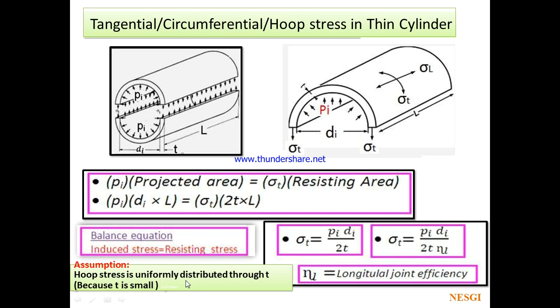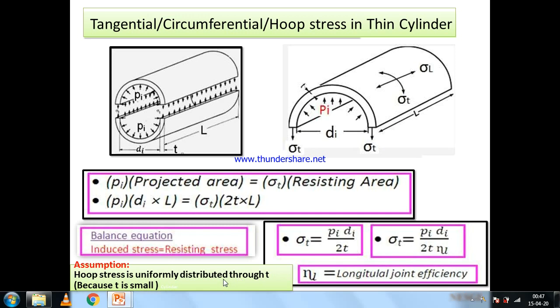Regarding the hoop stress assumption, hoop stress is uniformly distributed throughout the thickness, which is only applicable for thin cylinders. In actual, hoop stress is maximum at the inner surface and decreases to a minimum at the outer surface. But for a thin cylinder, we assume it is uniformly distributed throughout the thickness.